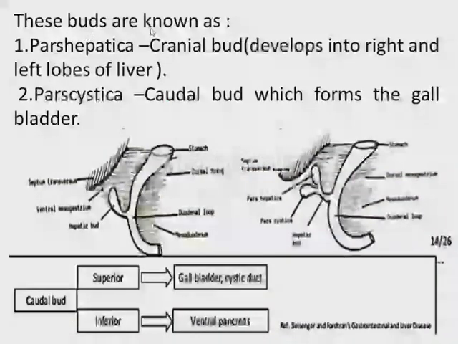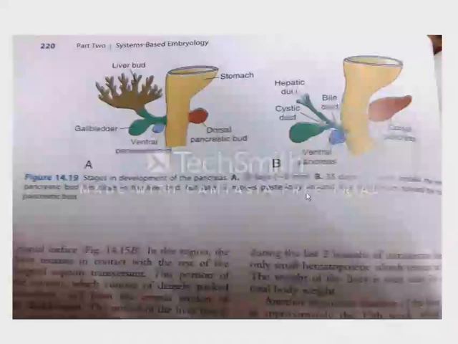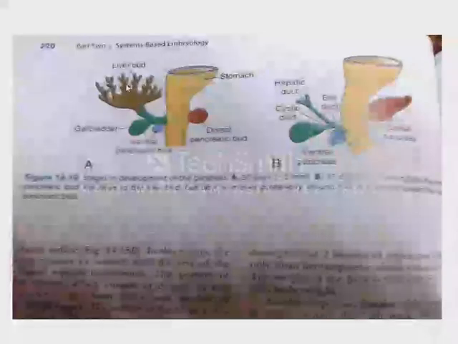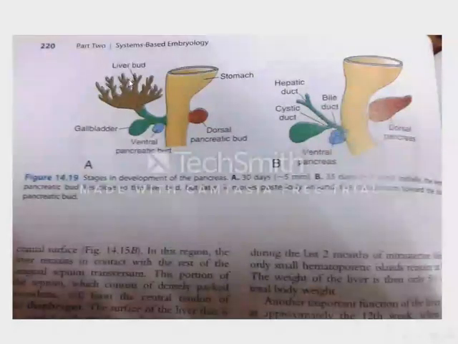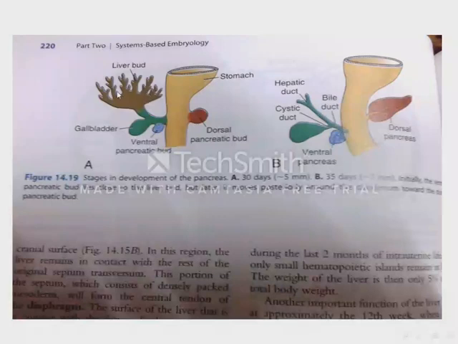These buds are known as the pars hepatica, which forms the liver loops cranially, and the pars cystica caudally, which forms the gallbladder and the cystic duct. The pars hepatica forms the liver loops, while the pars cystica forms the gallbladder and cystic duct.